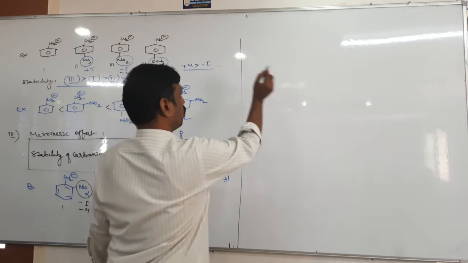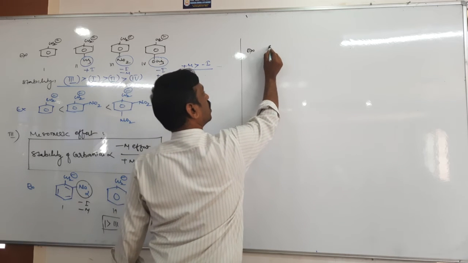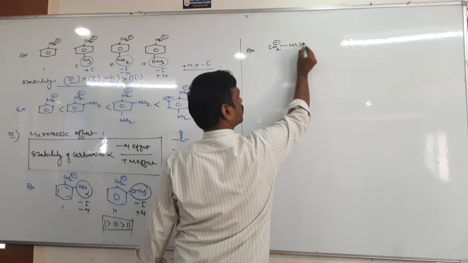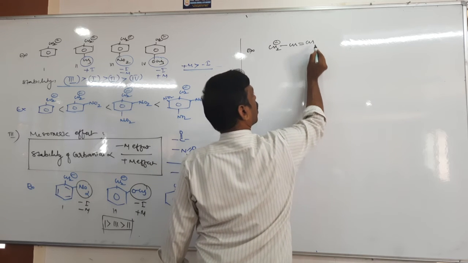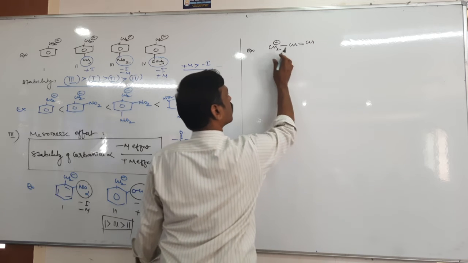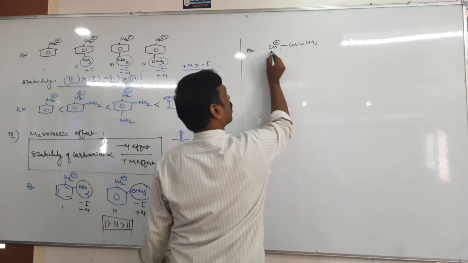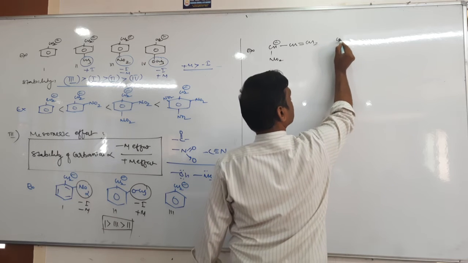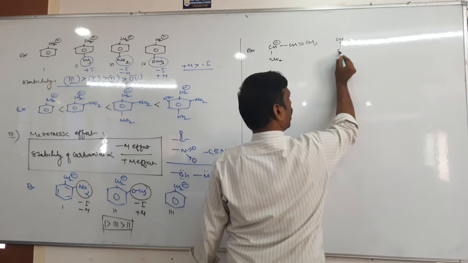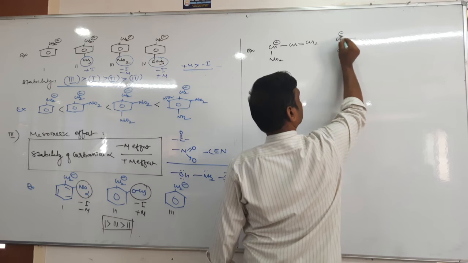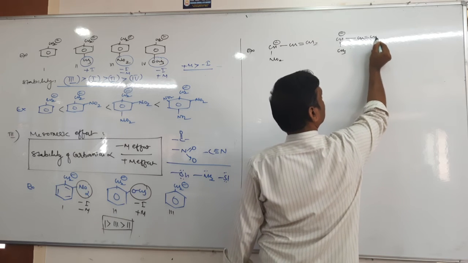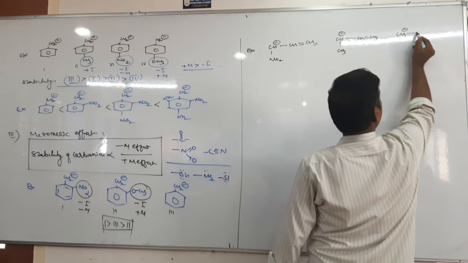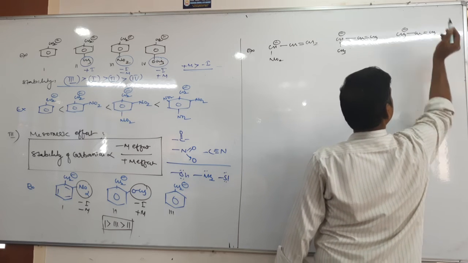Okay, one more. Let us take allylic carbanion having NO2, allylic carbanion having methyl and just allylic carbanion.